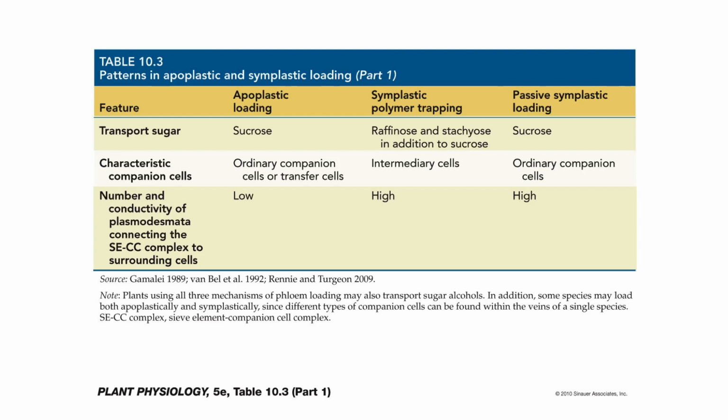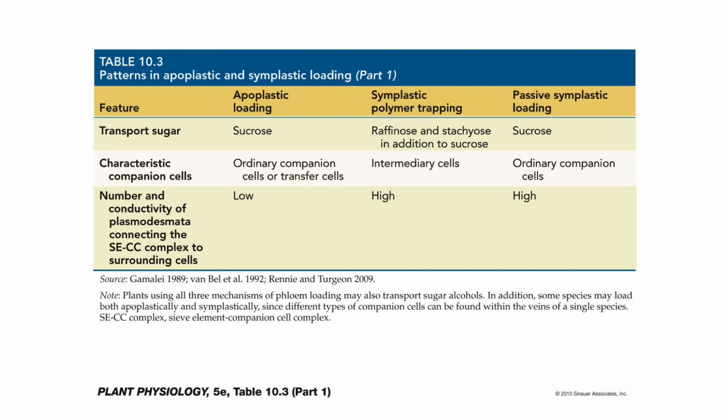And in the symplastic polymer trapping method, we have raffinose or stachyose in addition to the sucrose being transported through the phloem. There's also another mechanism that we first referred to, which is this passive symplastic loading of sucrose by plasmodesmatal connections. And again, this is sugar or sucrose transport.